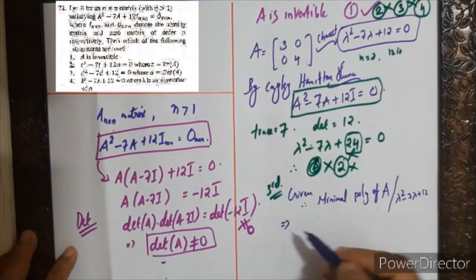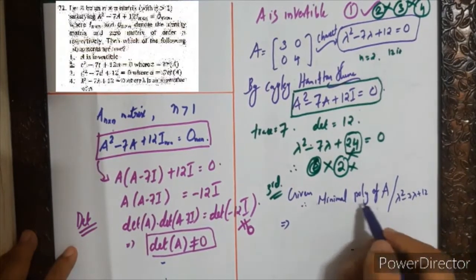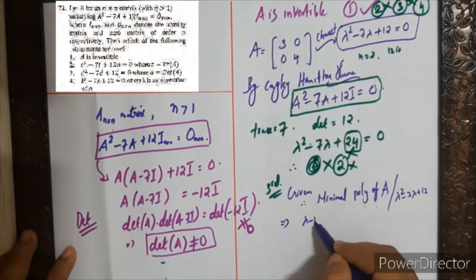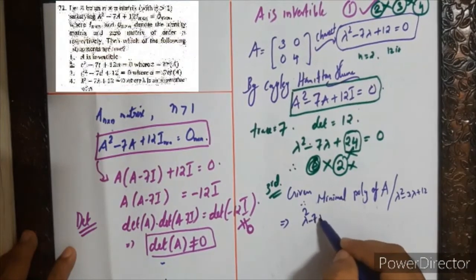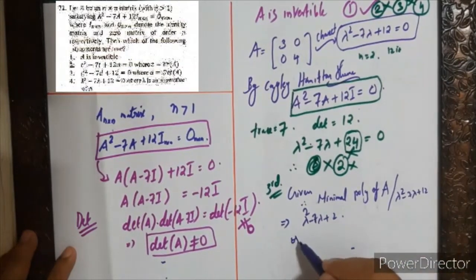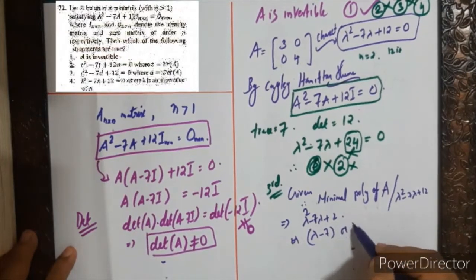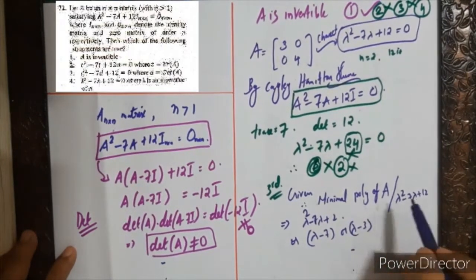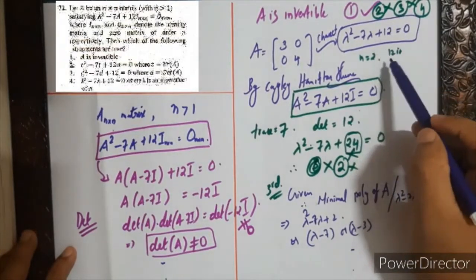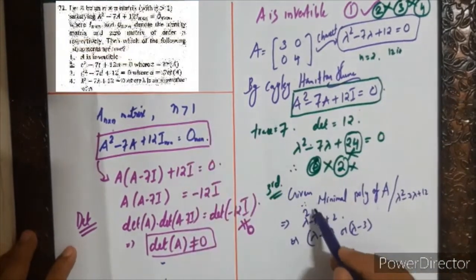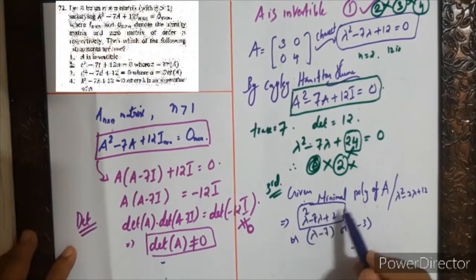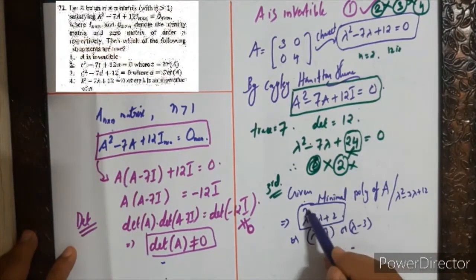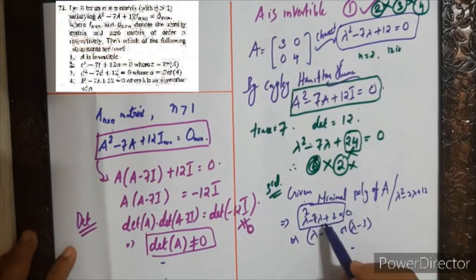So what are the possibilities of the minimal polynomial of A? Either it is lambda square minus 7 lambda plus 12, or it is lambda minus 7 or lambda minus 3. But n is greater than 1, therefore the minimal polynomial must be this. That means the minimal polynomial of A is this equation.